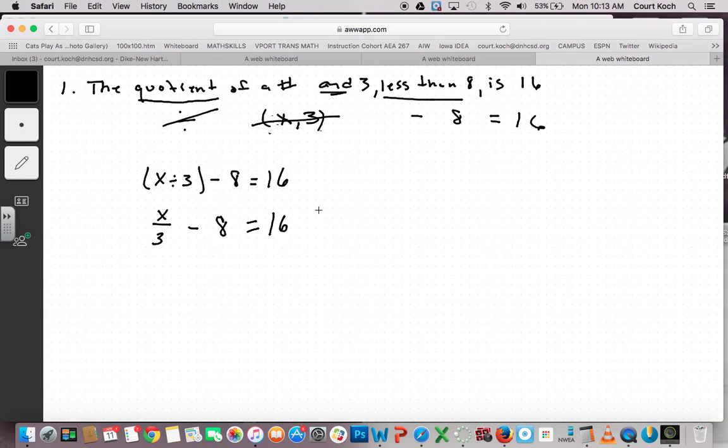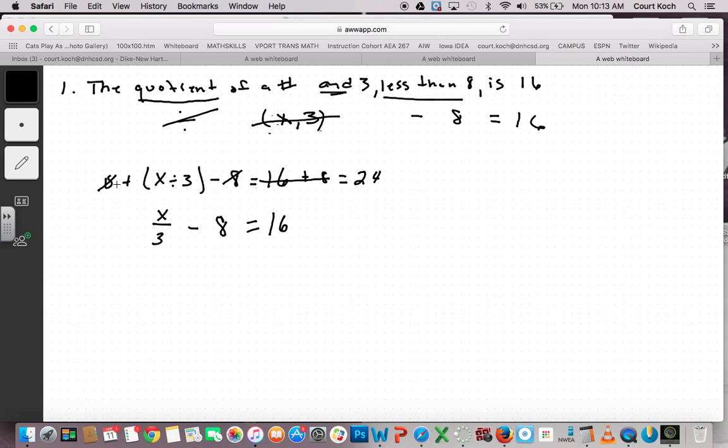So if I wanted to solve it, I'd add 8 to both sides. And this would cancel. 16 plus 8 is now going to be 24. So now this is done. Showing you a different way to do this, but it gets the same work. So now I'm at x divided by 3 is 24.